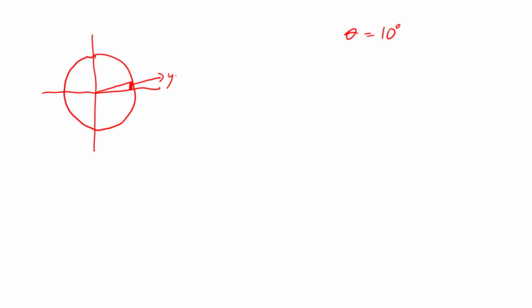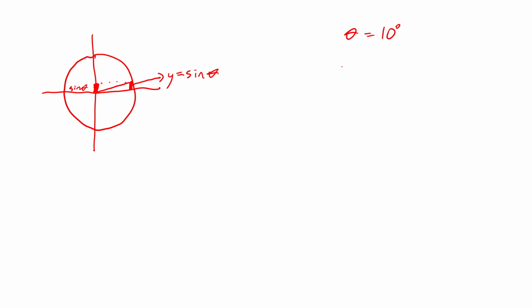And that y-coordinate is equal to the sine of theta. Okay? Now, if we want, instead of putting it there, we can put it over here on the y-axis. So we'll think of this line right here on the y-axis as being the sine of theta.